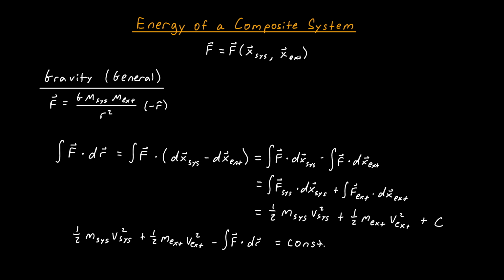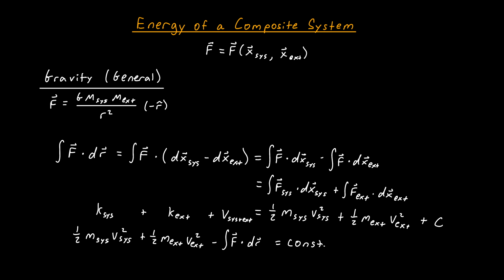Right? So this is a totally separate law of conservation of energy, and it can be interpreted in exactly the same way, right? This is the kinetic energy of the system plus the kinetic energy of the external object plus the potential energy of the system and external object together also equals a constant, right?